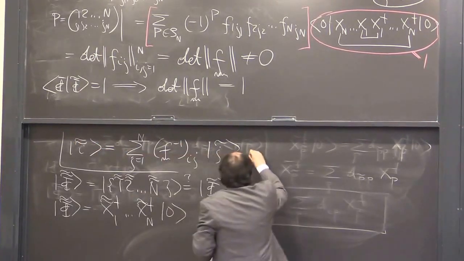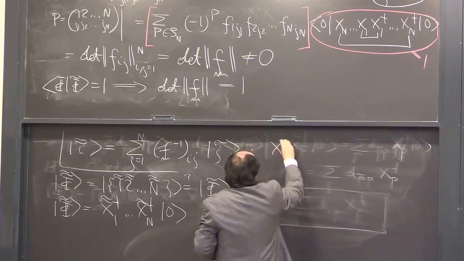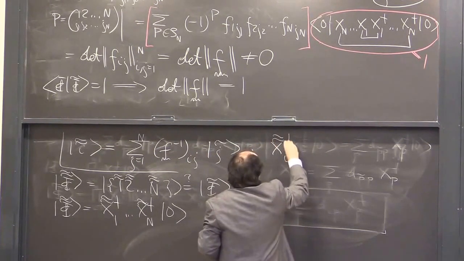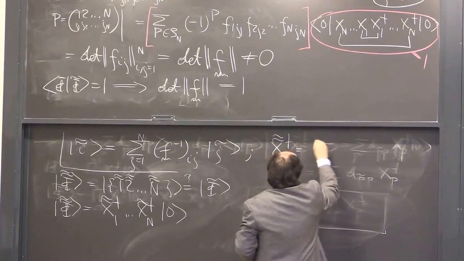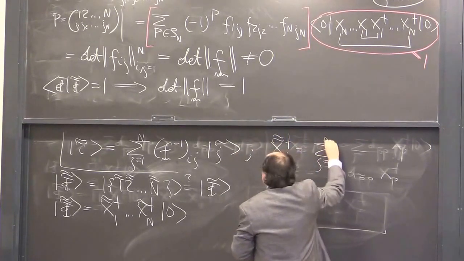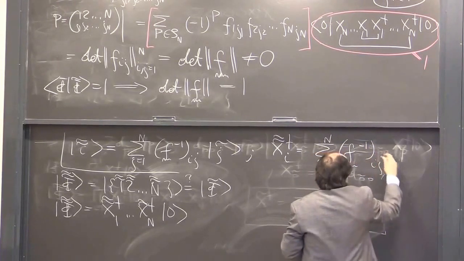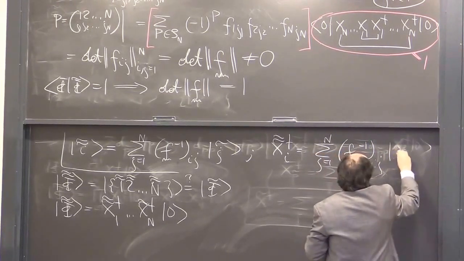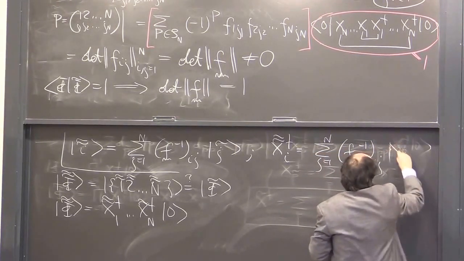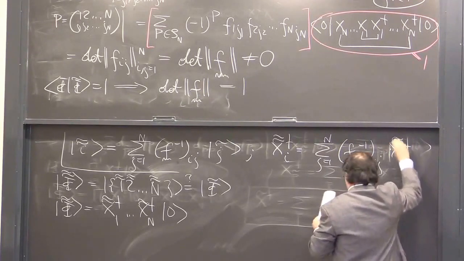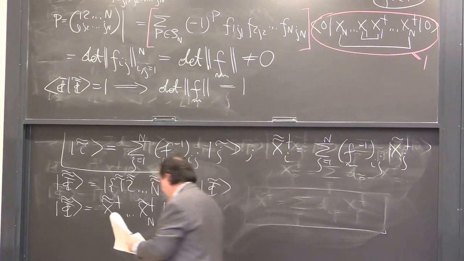So in other words, we can say that x double tilde i dagger is a summation over j from 1 to n, f to the minus 1, i j, x j dagger tilde.